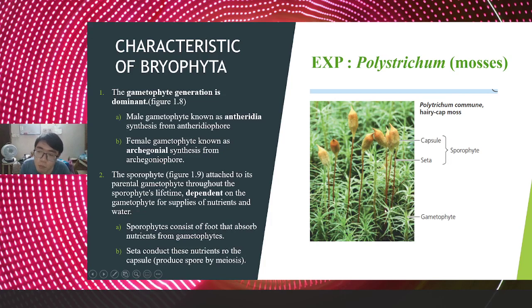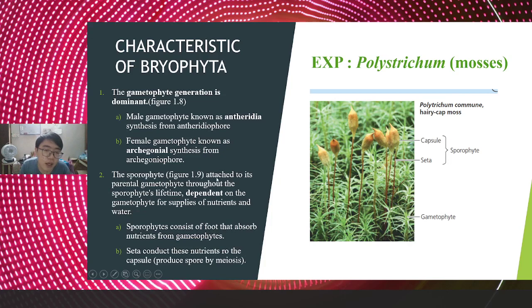The gametophyte is bigger than the sporophyte. This is the reverse. For flowering plants, the sporophyte is bigger and the gametophyte is within the sporophyte. For the bryophyta, the sporophyte is above the gametophyte and it is only small. You see, only small.